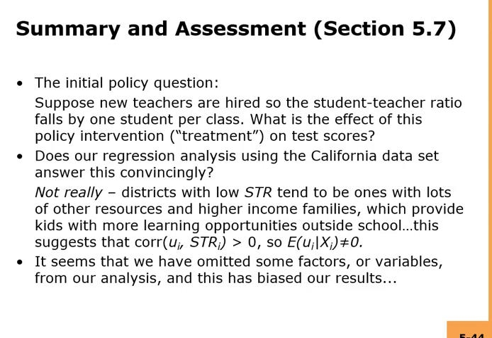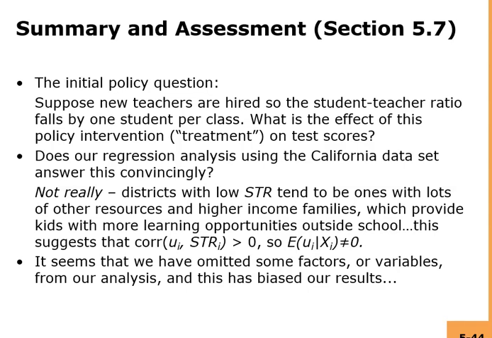So the question then becomes: are the numbers that we calculated for beta 1 hat and beta naught hat convincing enough to answer this question or not? Well, not really, because we have omitted a lot of variables from our analysis which can also impact the test scores. Some of those variables might be the income of the households served by the school, the quality of the teachers, or the facilities available at the school.